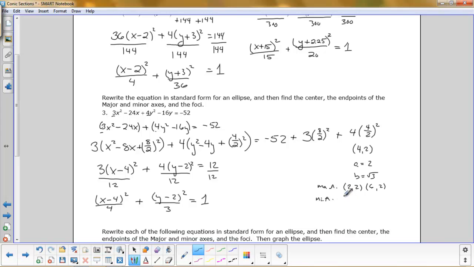That's going to be at 4, 2 minus the square root of 3, and 4, 2 plus the square root of 3.